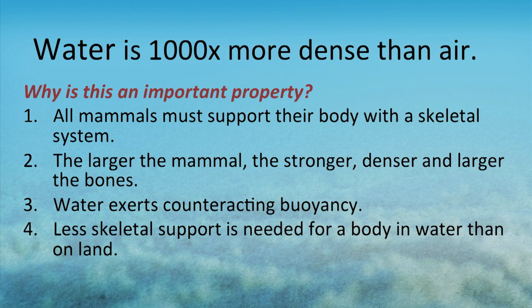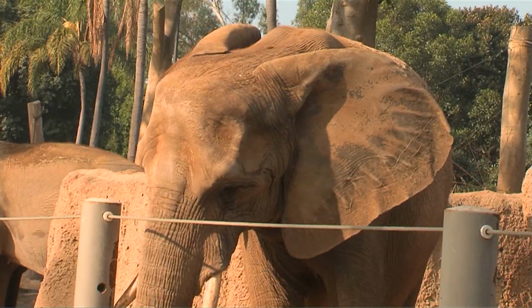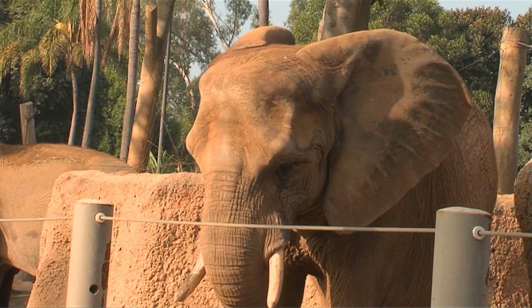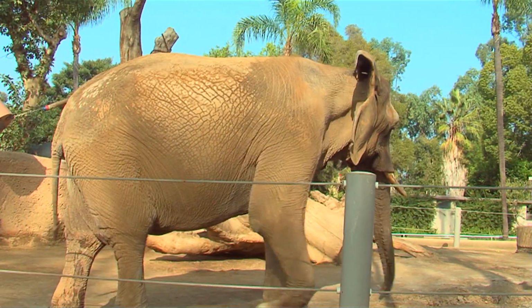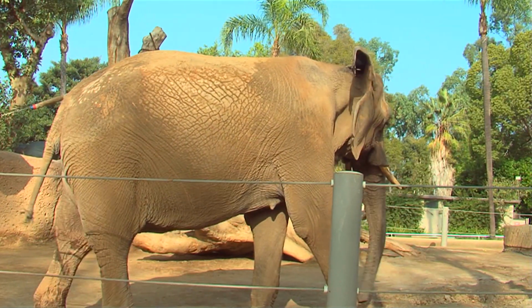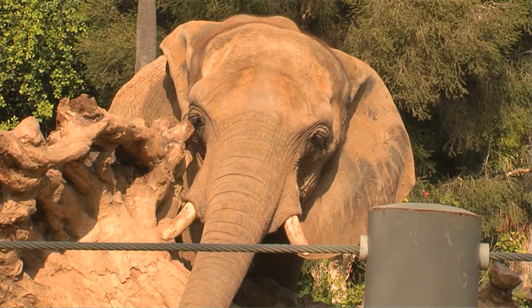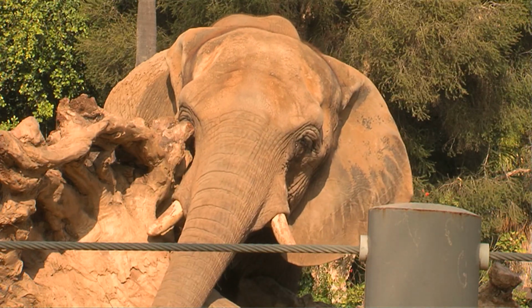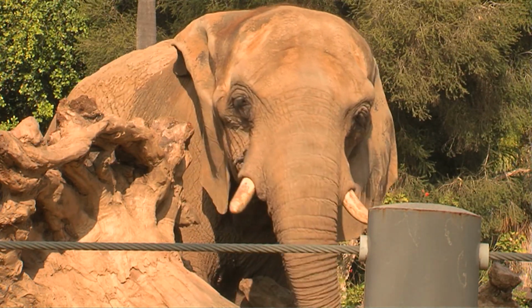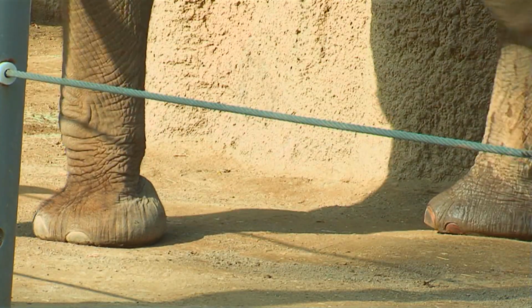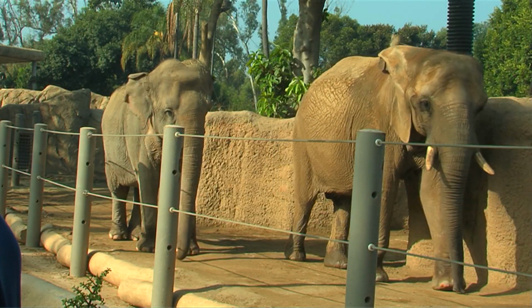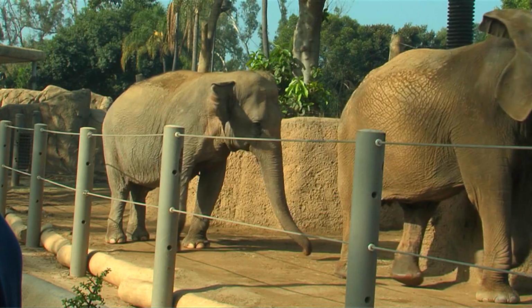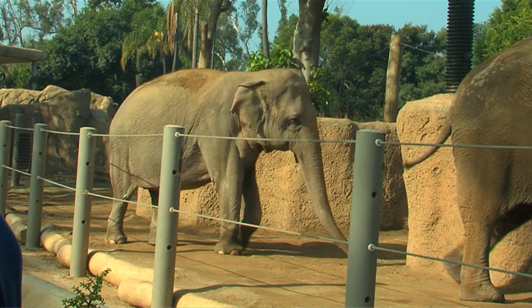All right, let's explore that in a little bit more detail by taking a look at the largest terrestrial animals, which are elephants. Elephants weigh anywhere from 4 to 11 tons, and they're the largest terrestrial mammals on Earth right now. Okay, if you've ever seen an elephant move before, you understand how heavy they are and what consequence that weight plays on their mobility.